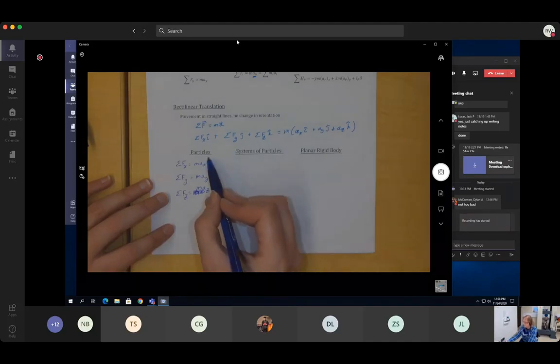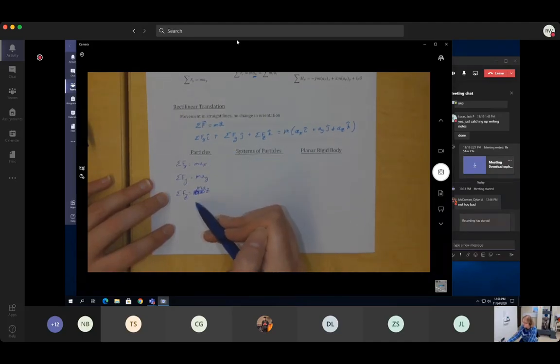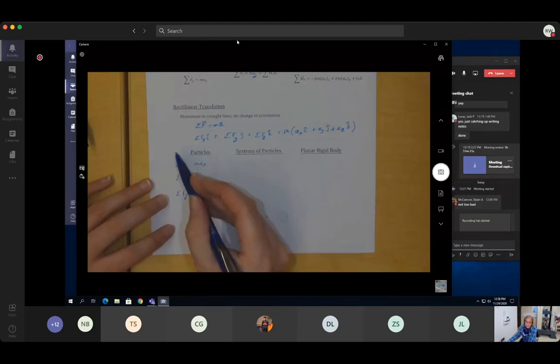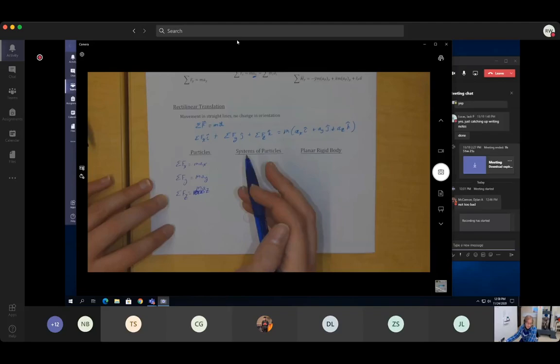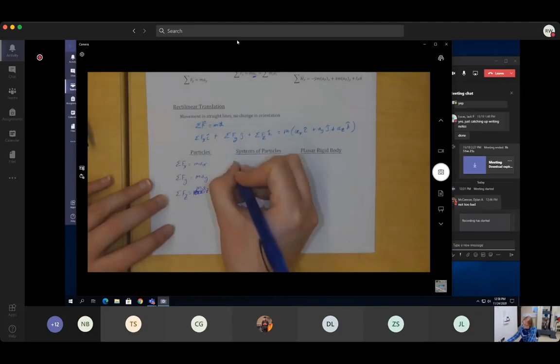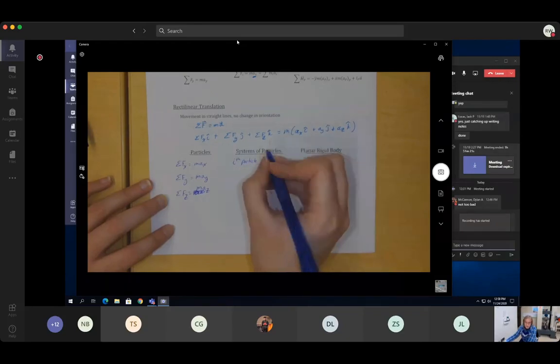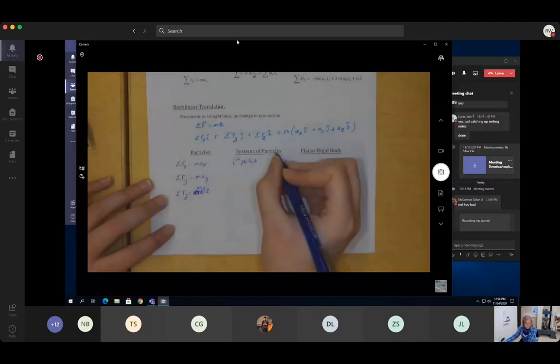And when we go between particles and systems of particles, we're essentially saying that for each particle in our system, this will be true. So the same thing that's true of particles will be true for each particle within a system. And so we talk about the ith particle. So not one specific one, but we're keeping it general which one we're talking about.